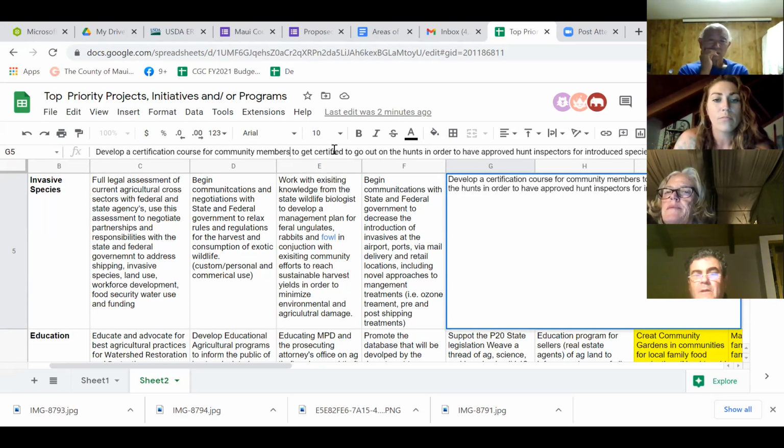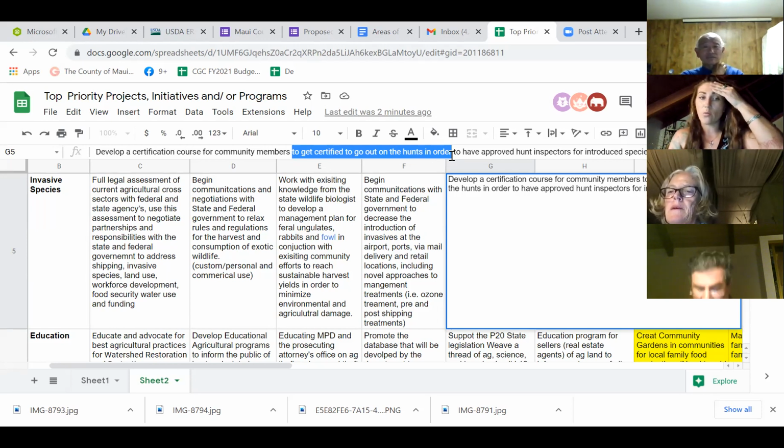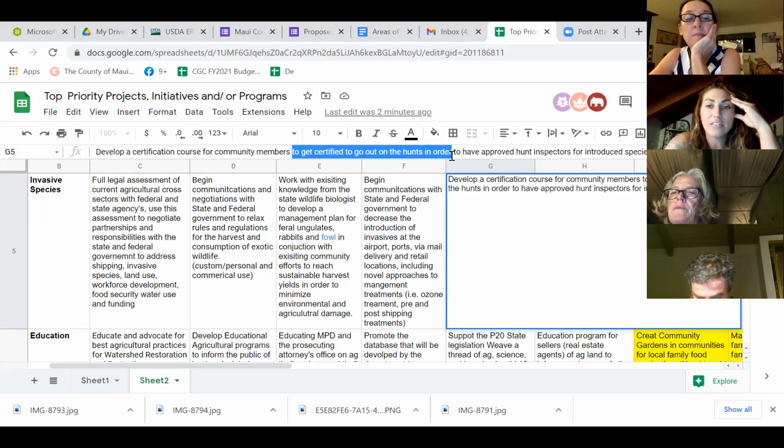To utilize the meat? So that is provided by USDA, and it's pretty specific. So I don't know how it would pan out. Is that why we had negotiate? Because Teresa, this was yours, and then we opened it up for community members because you originally just wanted farmers or ranchers to be able to do it, remember? Correct. I remember. So can we say develop, or do we need to put negotiate back in?